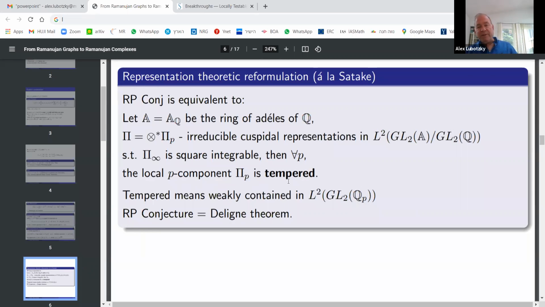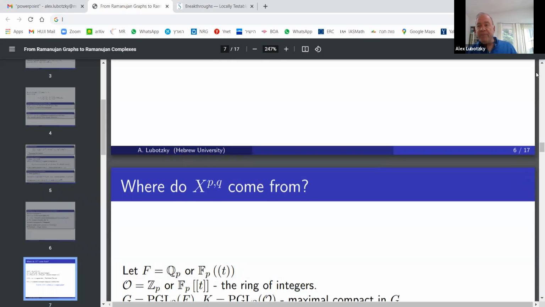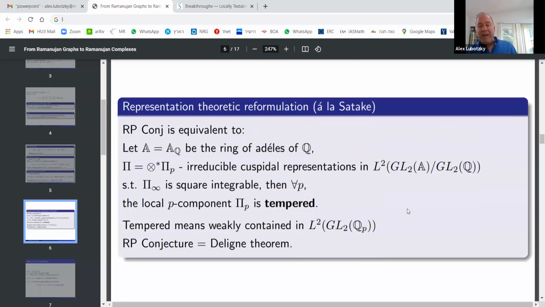This I want to say something about. Tempered really means that the representation pi p appears in L2. It's written here, sorry. Tempered means that it appears in L2 of GL2(Q_p).